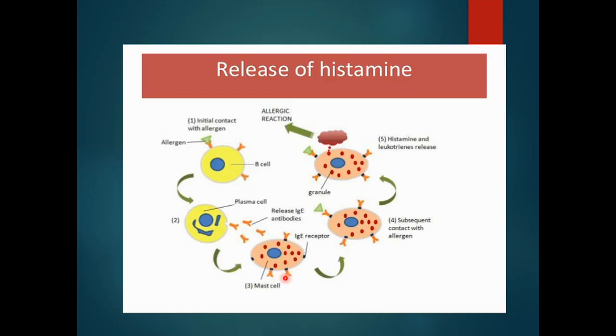The IgE primed mast cells release granules and powerful chemical mediators such as histamine and leukotrienes into the environment. These chemical mediators cause the characteristic symptoms of allergy.